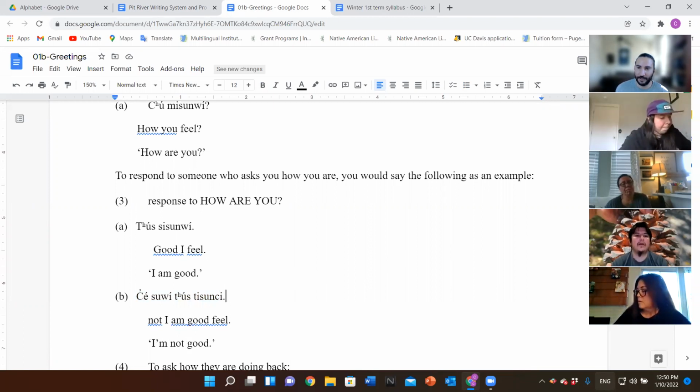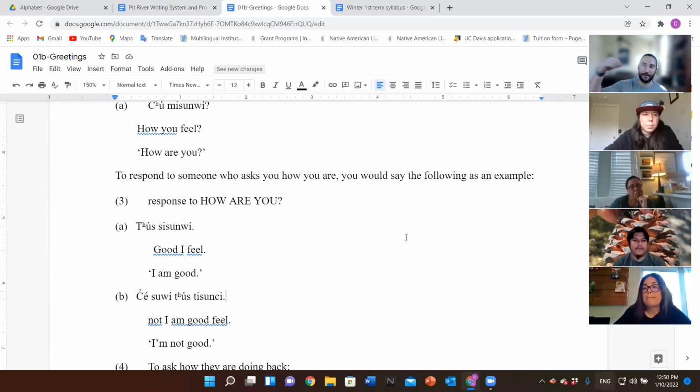What we're going to do here is try to do this all in Pit River. I'll ask somebody, Chumi Sunwi, how do you feel? and they respond how they're feeling, good or not good. Then they ask the next person, Chumi Sunwi, and that person answers and asks the next person. We'll go until we all have a turn.